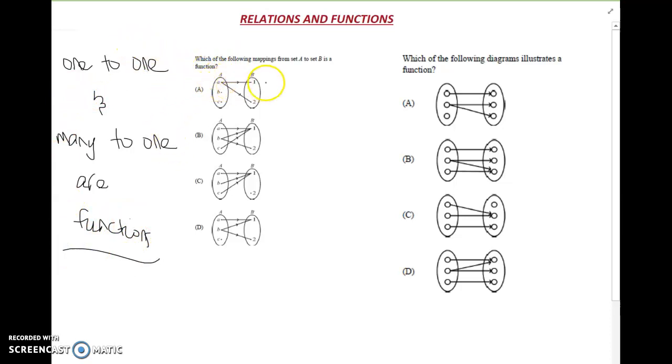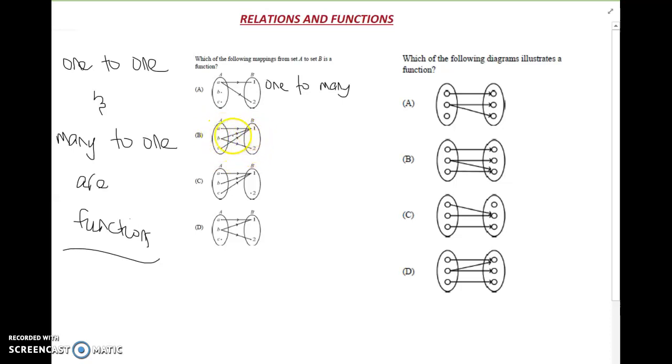So here we have A goes to 1 and 2, right? Two numbers at least at set B. So this is a one to many, which is not what we want, right? Now this one here, we have A and C go into 1, so that's many go into 1, but then we also have 1 go into many.